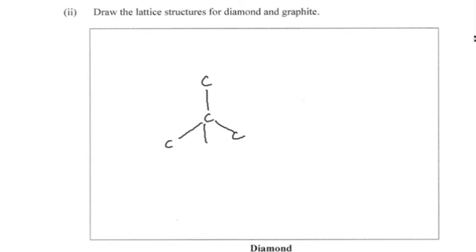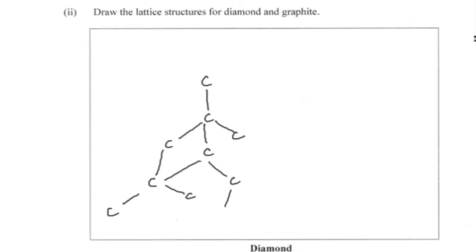So we can leave it there. If you wish to go on, you could go on. But you don't really want to overdo it. You just want to show that each carbon atom is bonded to 4 more.